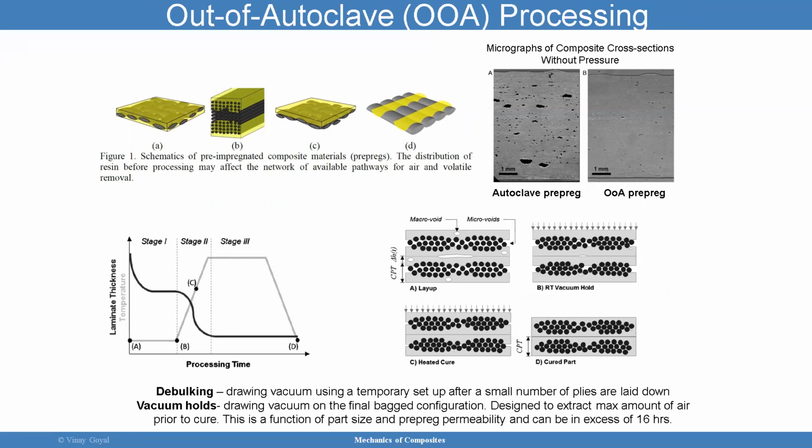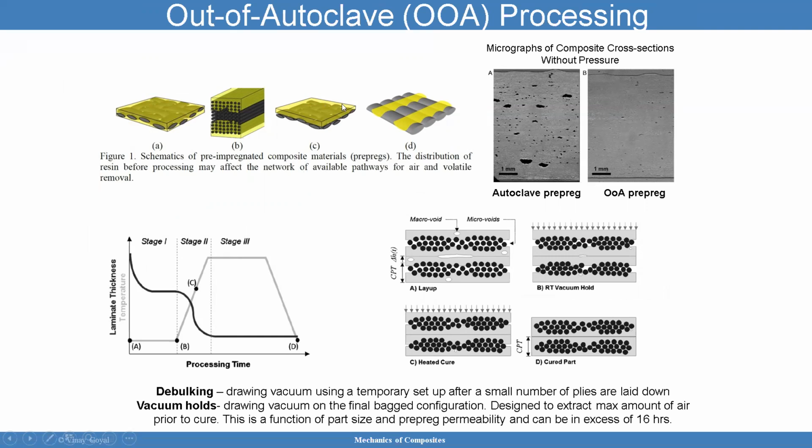Out-of-autoclave processing, so if I look at a micrograph of a composite cross-section without pressure, here I have autoclave prepreg and here I have out-of-autoclave prepreg. So you can see a difference there. The schematics of prepreg impregnated composite materials are shown here at the top.